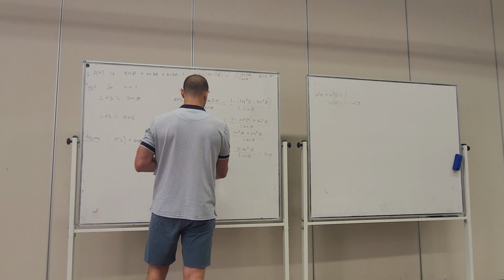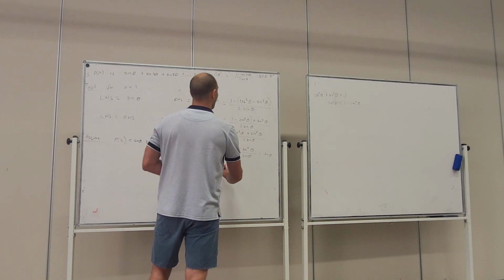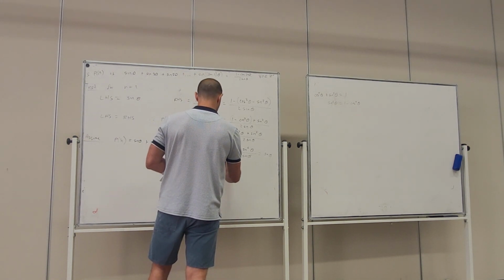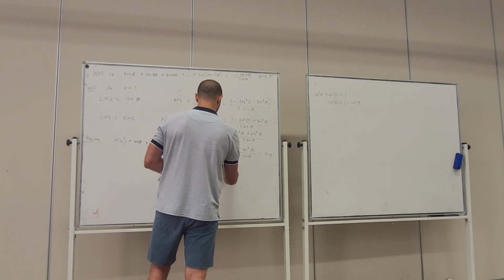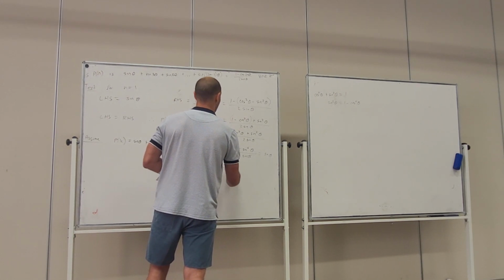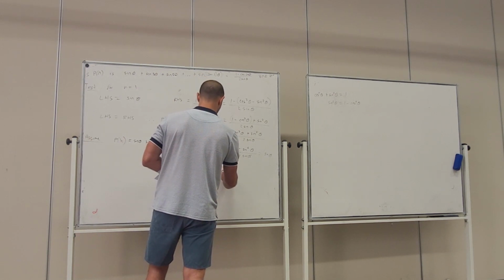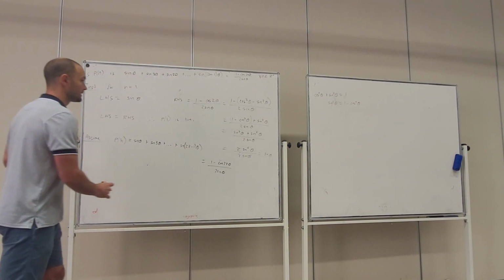And our assumption is that it's equal to 1 take cos of 2k theta on top of 2 sine theta. Okay, that's our assumption.